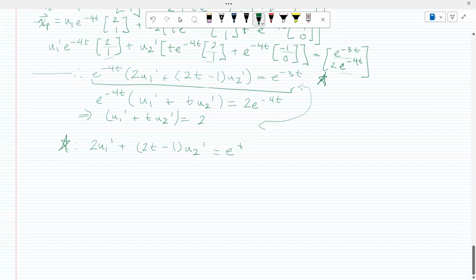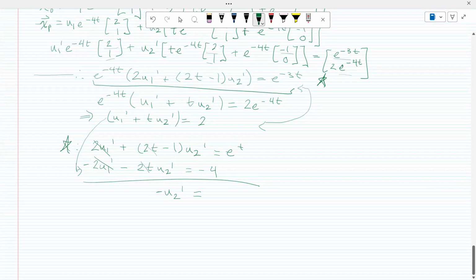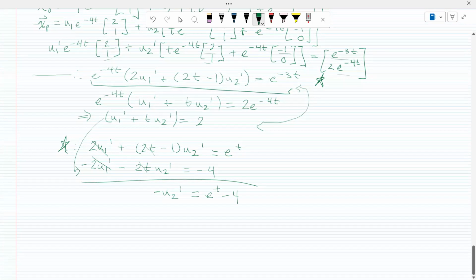If we subtract 2u1 prime plus 2t u2 prime, which is equal to 4, the u1 primes cancel out and part of the u2 prime cancels out. We're left with negative u2 prime is equal to e to the t minus 4.